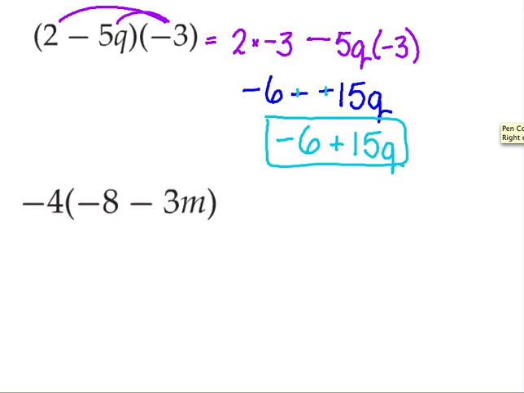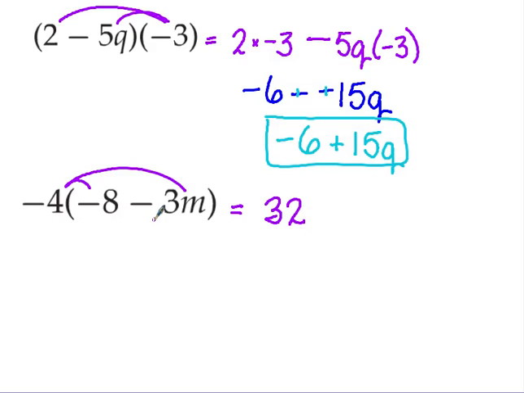Alrighty. This very last one, okay? Let's try to do that without writing everything out. So first of all, I take negative 4 times what? Negative 8. What is negative 4 times negative 8? 32. Good. So now let's look here. I have negative 4 times negative 3.